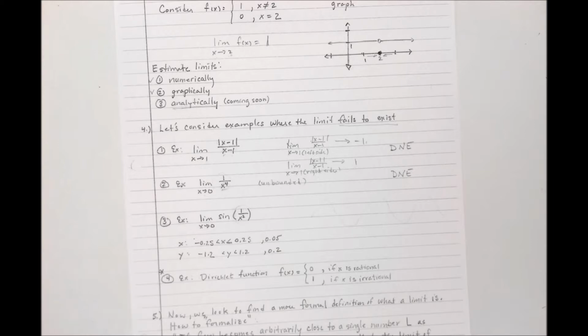Let's see what my last window was. It was from negative 2 to 2. Let's use these values. So let's go from negative 0.25 to 0.25 by 0.05 for my scale, and then we'll go from negative 1.2 to 1.2, 0.2 being my scale again.